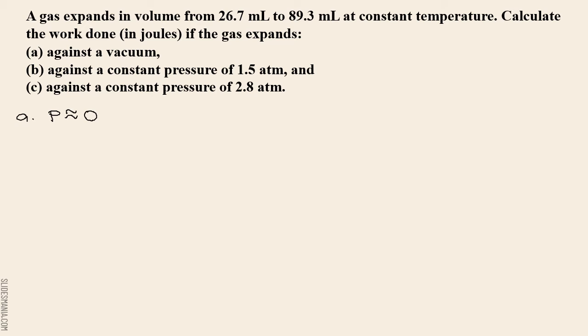If we write our work equation, it will be work is equal to negative 0 atm times our delta V. Therefore, our work will still be equal to 0 joules.